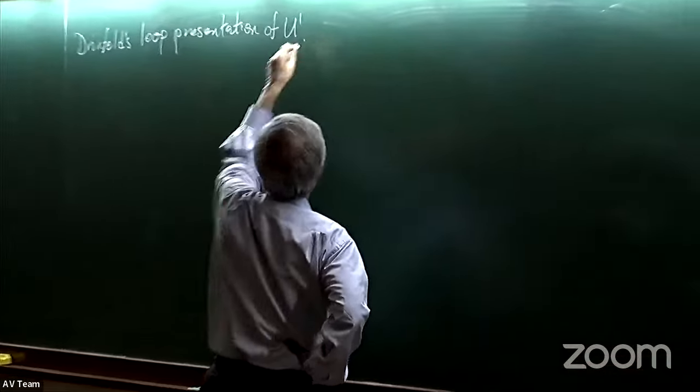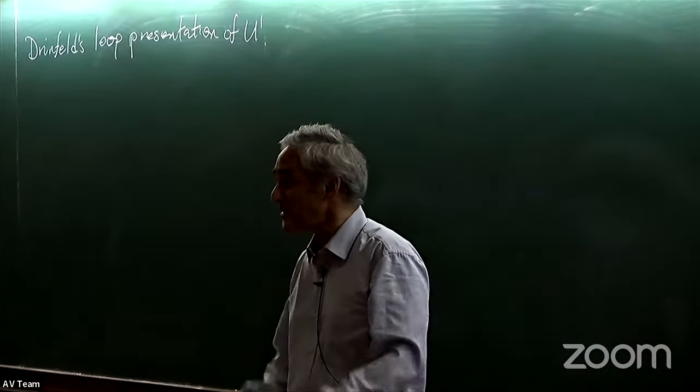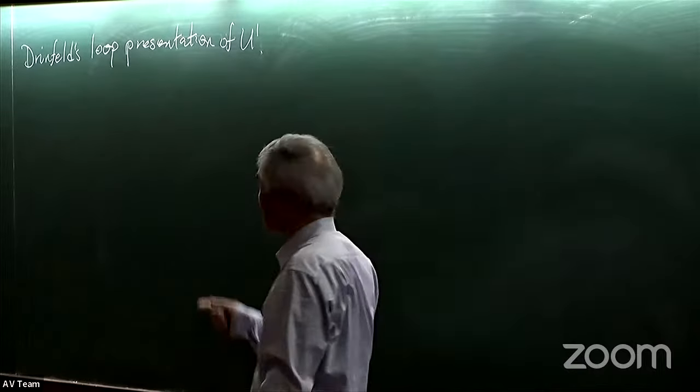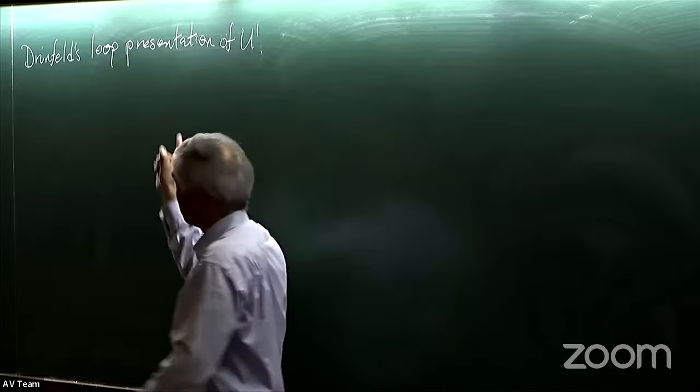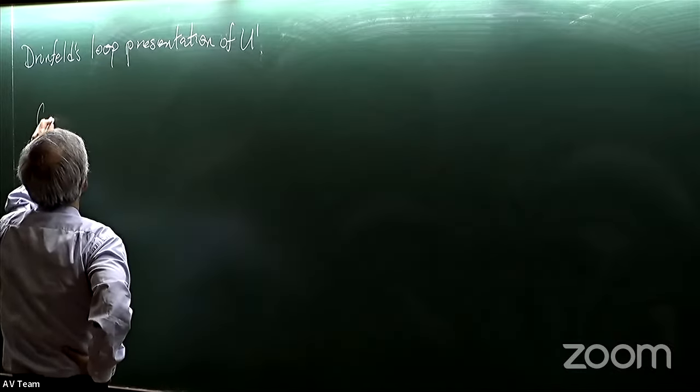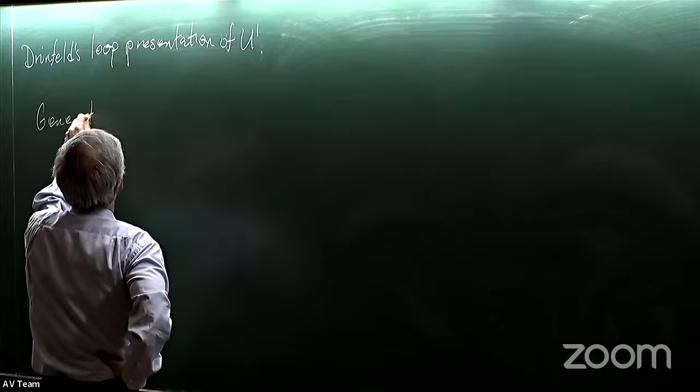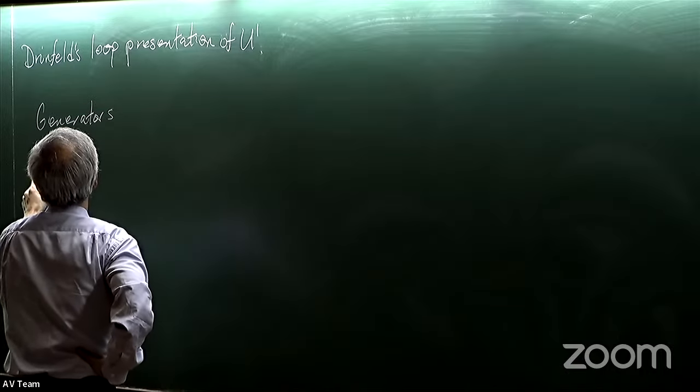At least I find when I work in this business, of course, at some point you have to know what algebra you're actually finding representations of. And you would like to write down generators and relations.